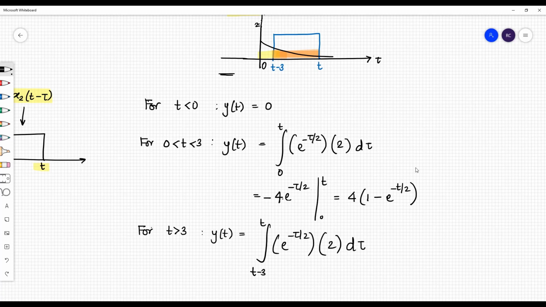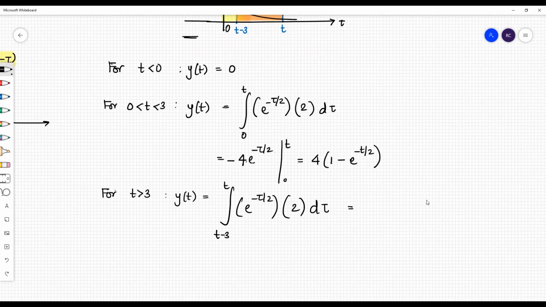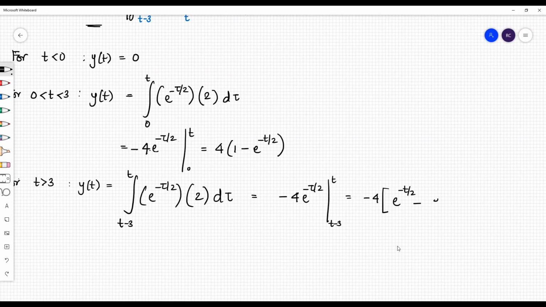This is what makes all the difference in your solution, and you'll find the same signal, minus 4 e to the power minus tau by 2, now you've got to put limits from t minus 3 to t, and when you do that, you will end up with minus 4 times e to the power minus t by 2 minus e to the power minus (t minus 3) by 2.